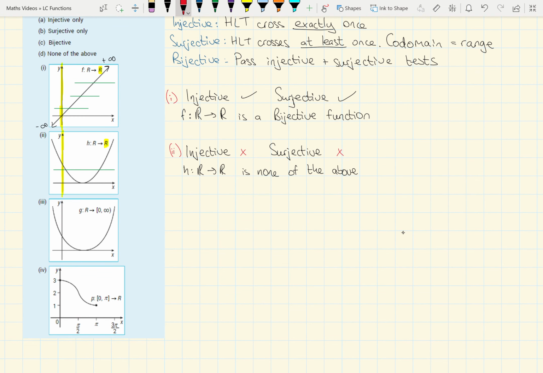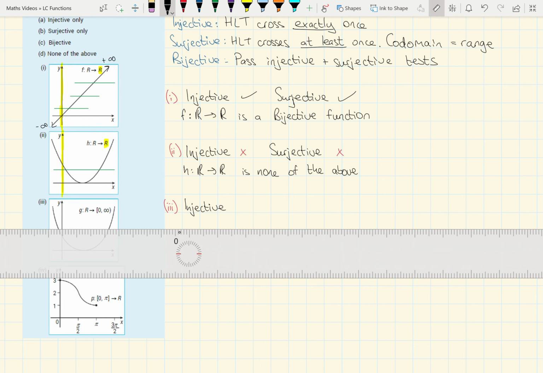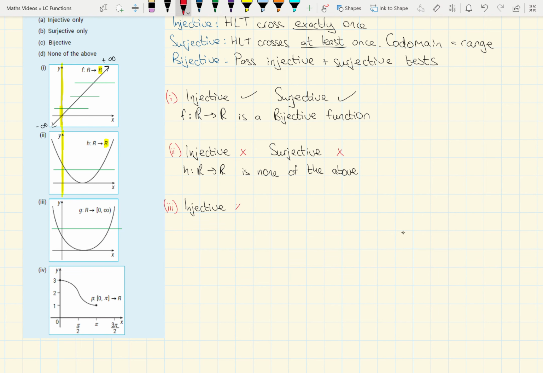Okay, part 3 now. Test for injectivity first. It's always the simplest test. We run a horizontal line test. Straight away we see we cross twice. We can only have a maximum of 1, so it's not injective. Now we test for surjectivity. We know it'll pass the horizontal line test. Next we check if our codomain and range are equal. They're telling us it runs from 0 to infinity, and we check our actual outputs on the y-axis, and we see it runs from 0 up to plus infinity.